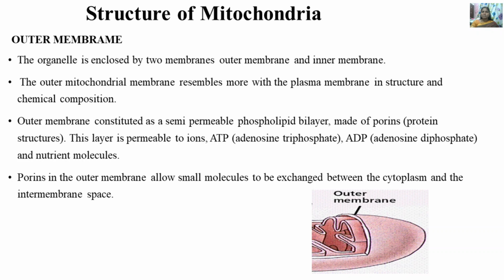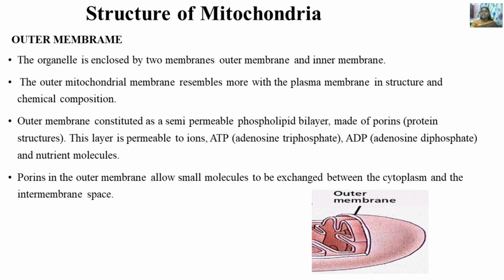The porins are protein molecules which help in transport. So this layer is permeable to ions, ATP, ADP and nutrient molecules. Porins in the outer membrane allow small molecules to be exchanged between the cytoplasm and the inside of the mitochondria, that is, the intermembrane space. So this is the outer membrane of the mitochondria.